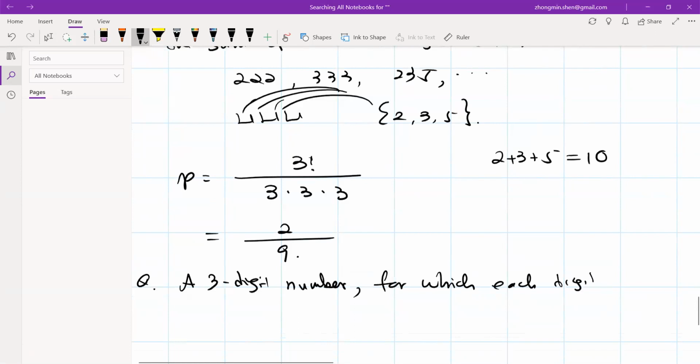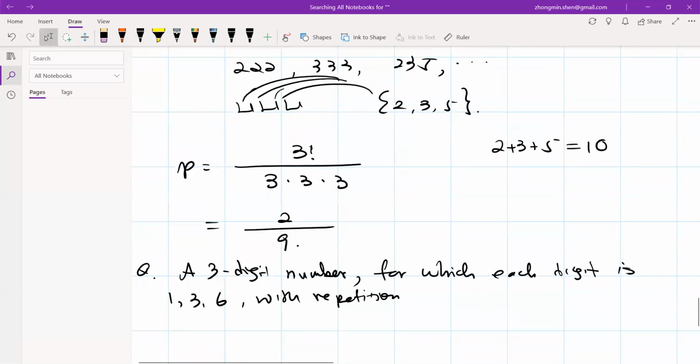Each digit is 1, 3, and 5, with repetition.